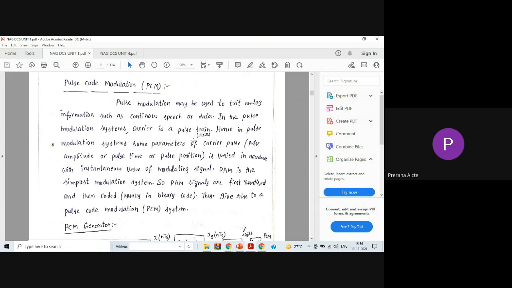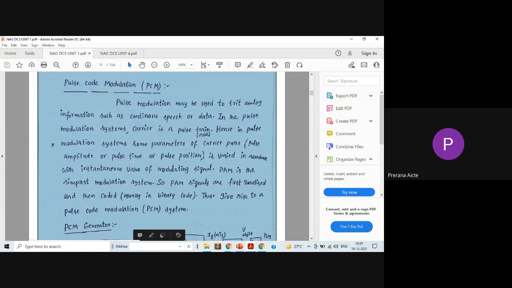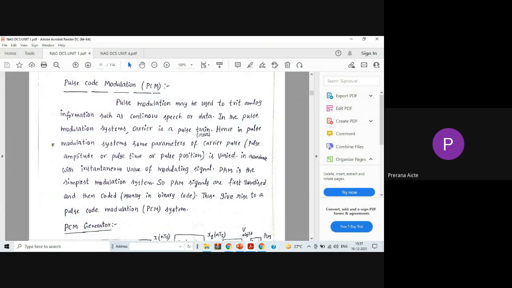In a pulse modulation system, the parameters of the carrier pulse, whether it is amplitude, pulse width, pulse time, or pulse position, are varied in accordance with the instantaneous value of the modulating signal. Let's suppose the pulse amplitude is varied in accordance with the message signal. We call that pulse amplitude modulation.